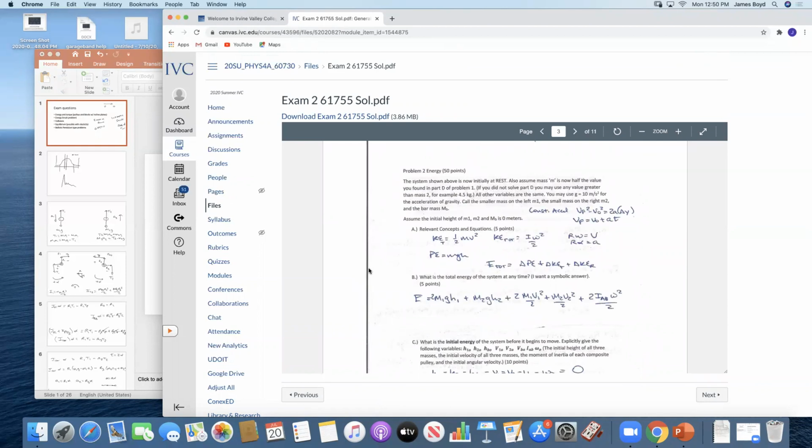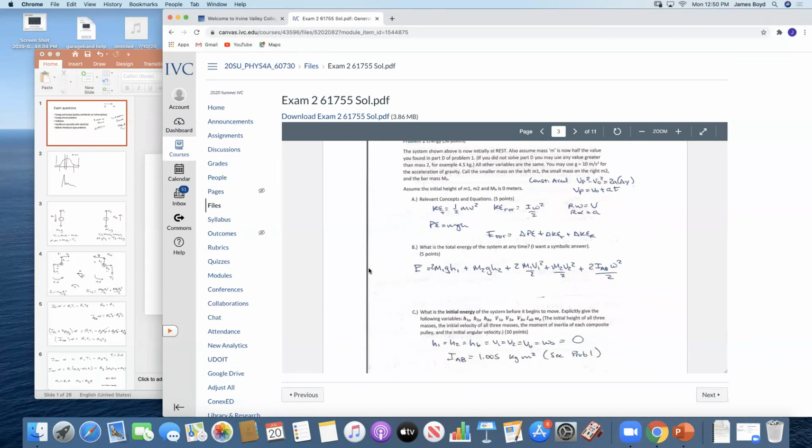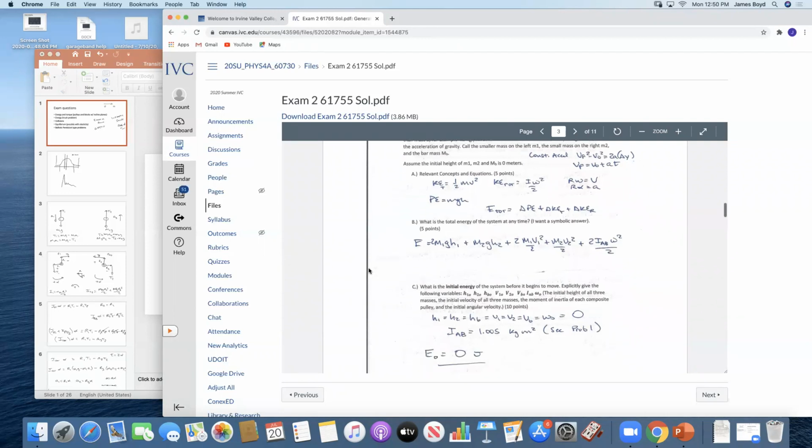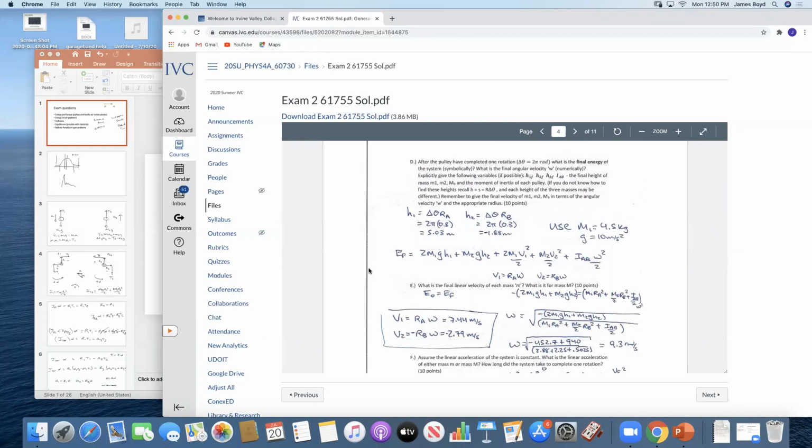What's the question? Yeah, so problem 2, part D, the solution had I_AB omega squared over 2, but I was wondering if it should be multiplied by 2. It absolutely should.